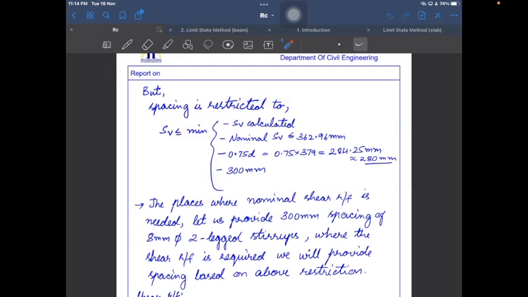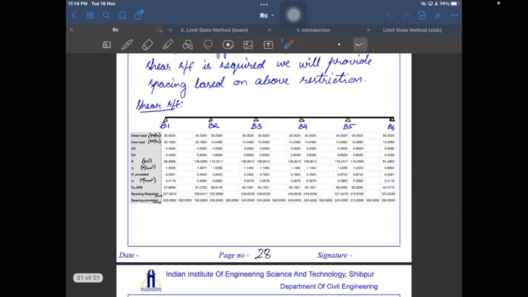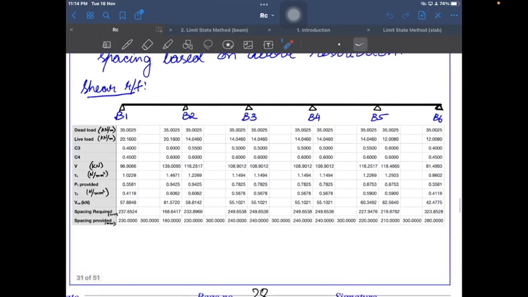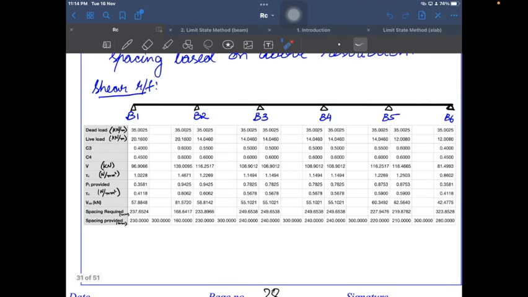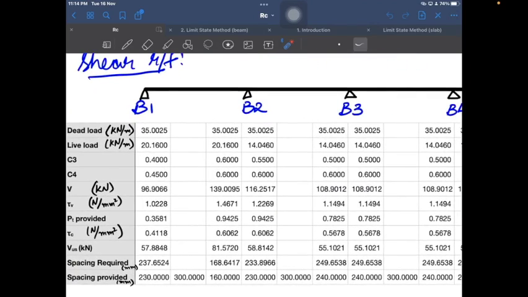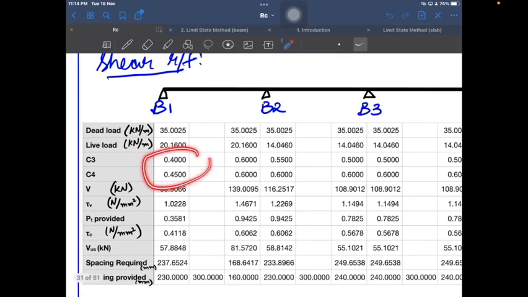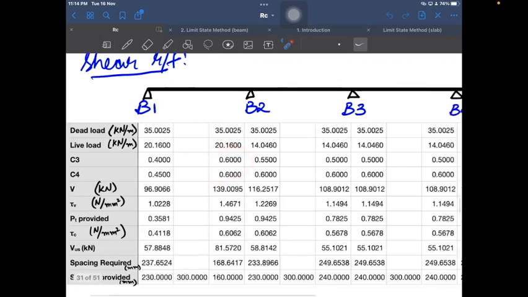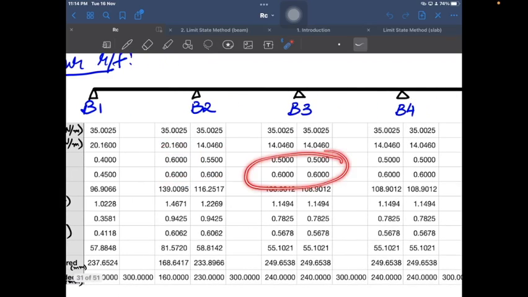We have got shear coefficients only at the supports. Basically we have them for the end support, next to end support on the inner side, next to end support on the outer side, and at every other support.